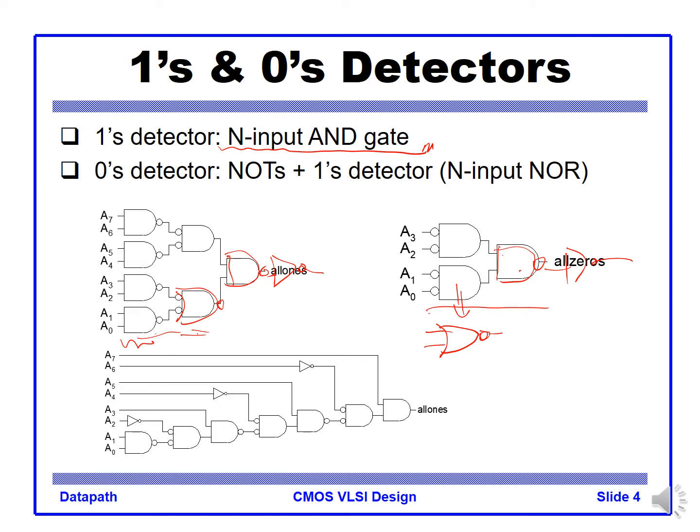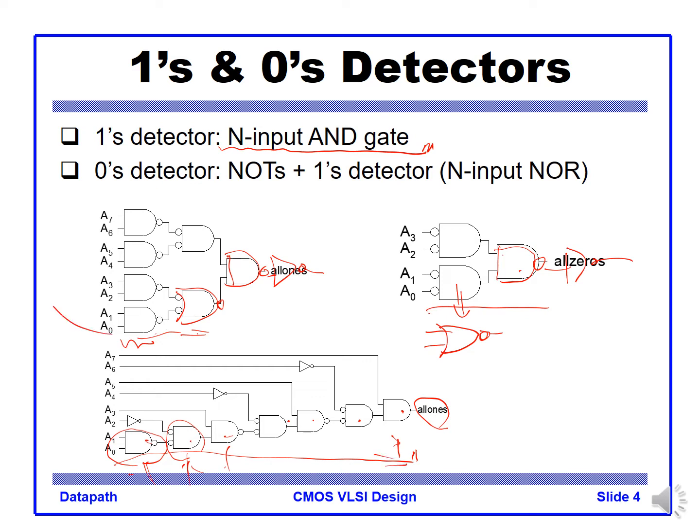On the bottom here, we can have an all-ones detector in multiple stages by comparing only one bit each. How many stages? 1, 2, 3, 4, 5, 6, 7 stages of logic gates are required. That is a very long delay path.